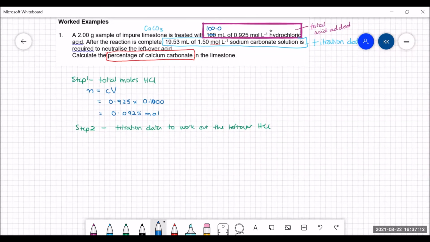So luckily, we've highlighted in the question where exactly our titration data is so that we don't have to scan the whole question every time and possibly get confused. So we want to find our known here, which is sodium carbonate. So we're finding our moles of sodium carbonate.